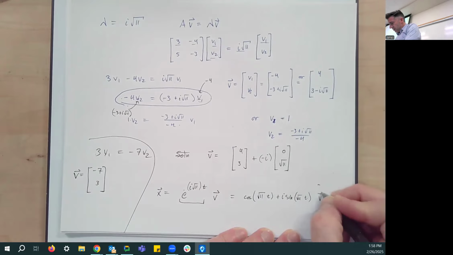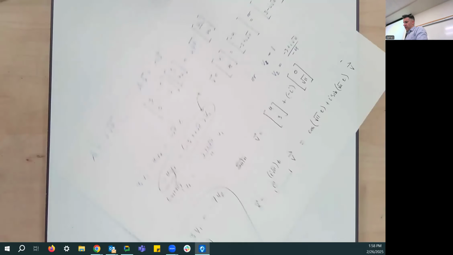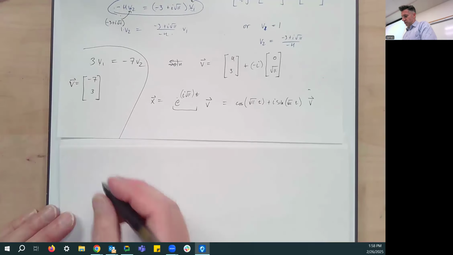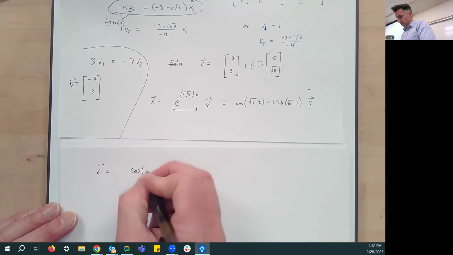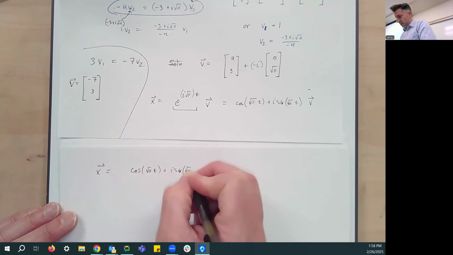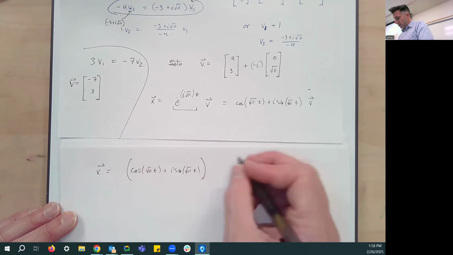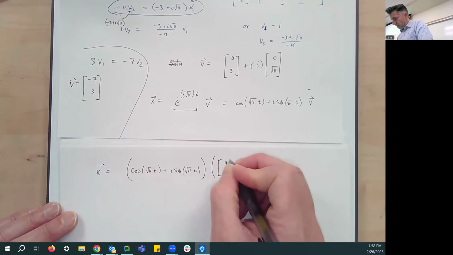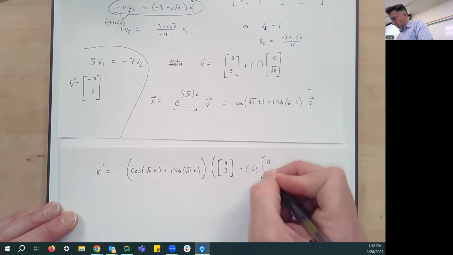So, sure, we might as well finish this off in the last 3 minutes we have here. Writing our solution, here's what we've got. We've got cosine of root 11t plus i sine of root 11t multiplied by the vector 4, 3 plus negative i times 0, root 11.